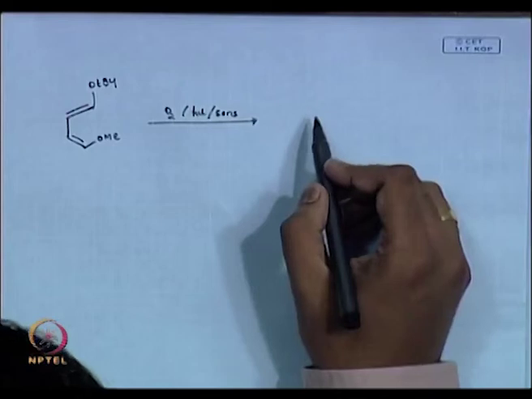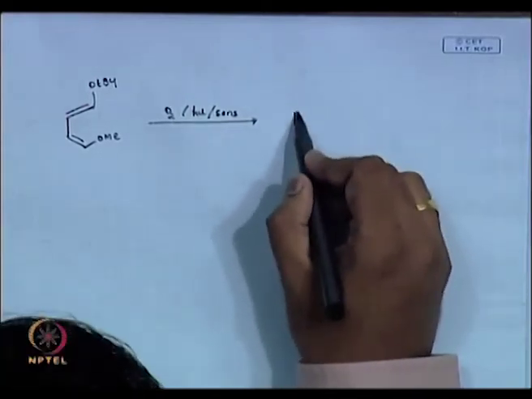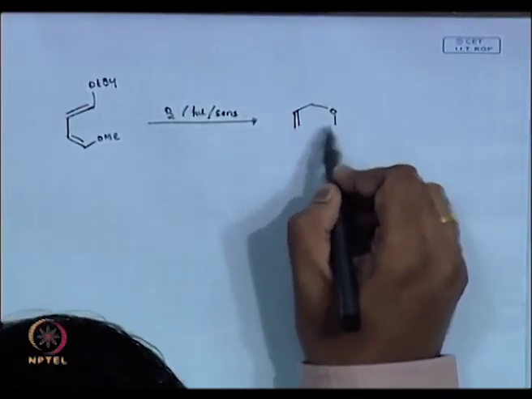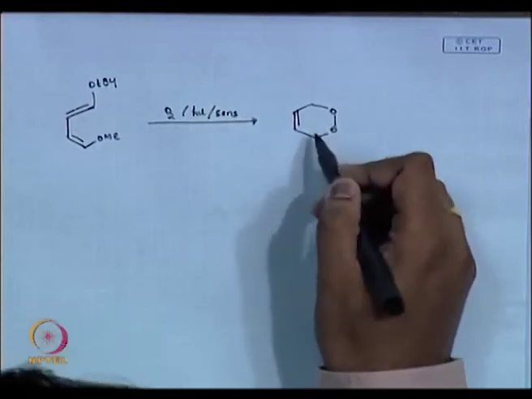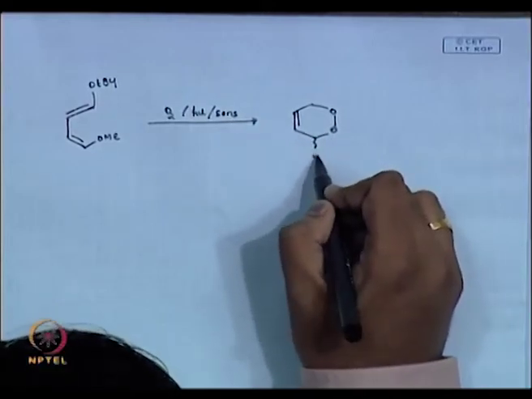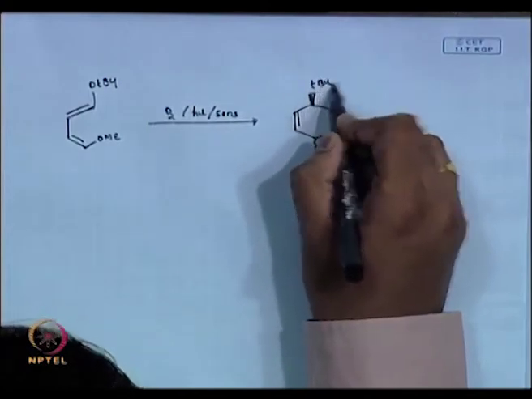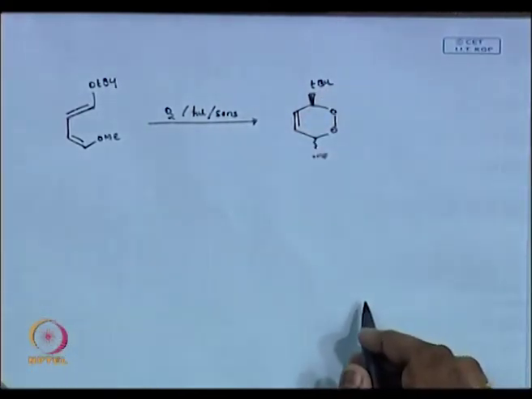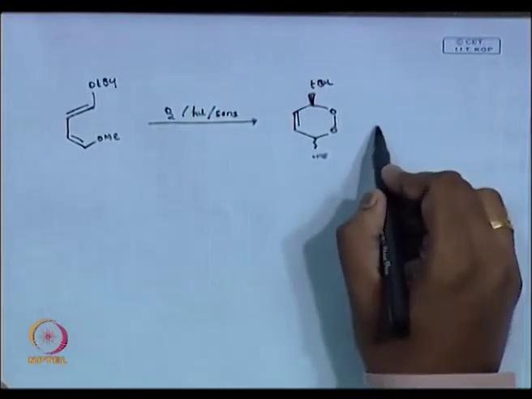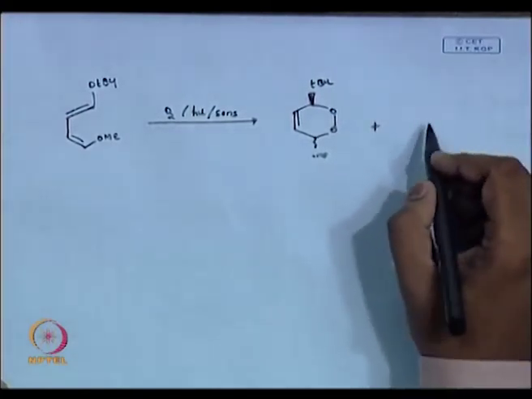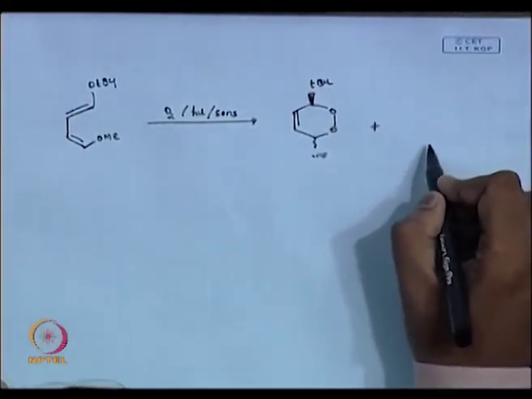You expect 4 plus 2. That means I have to write the structure like this. You expect this. Why can't I write the structure like this, which would be much easier for me?